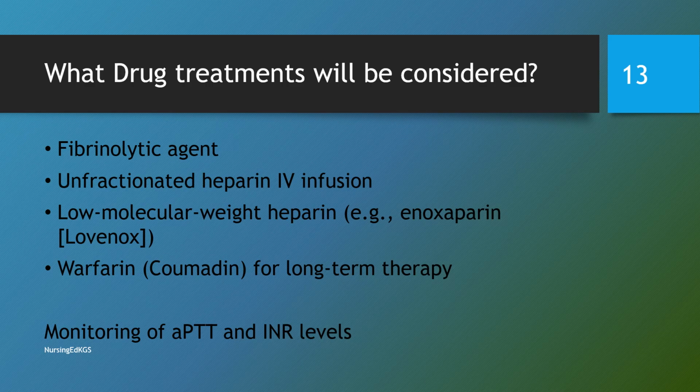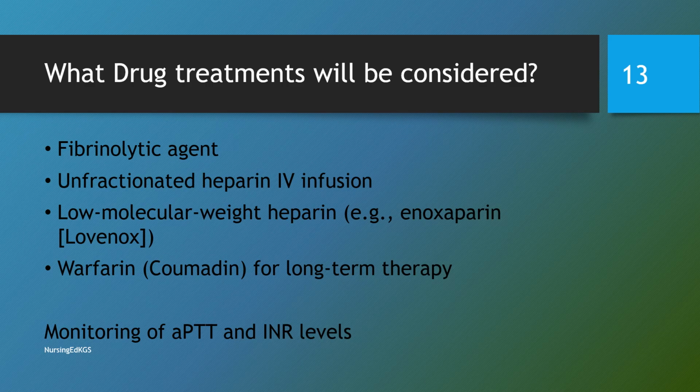There are some physicians who will adjust the treatment regimen to add factor Xa inhibitors and direct thrombin inhibitors in the treatment of pulmonary embolisms.